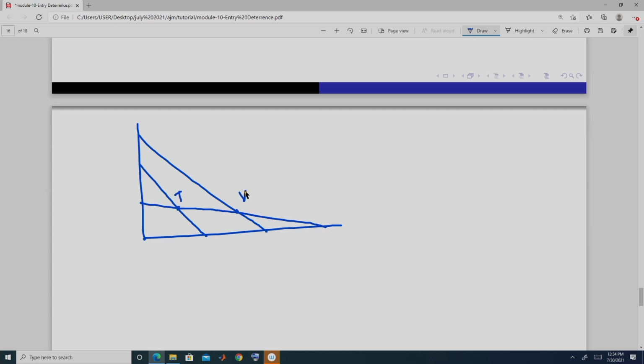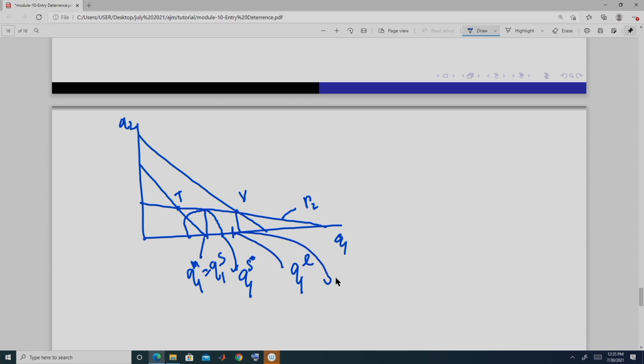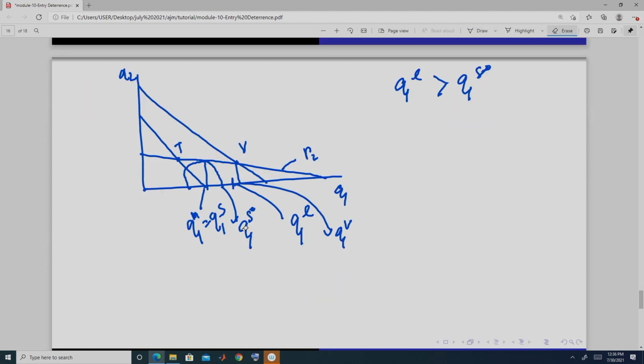This is T, this is V, Qm is equal to Q1S, and so this point is Q1S naught, and this is suppose Q1L, this is Q1V. So, here Q1L is greater than Q1S naught.